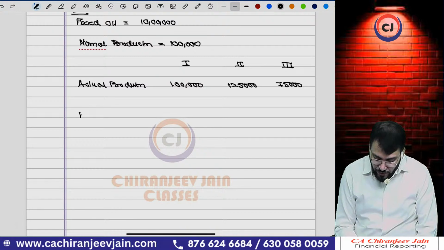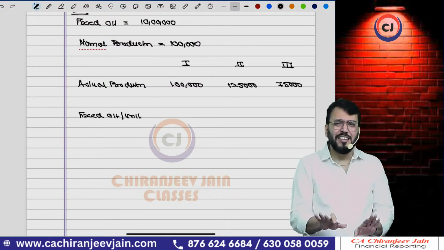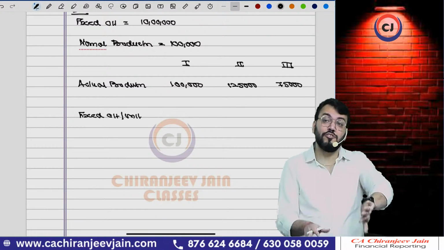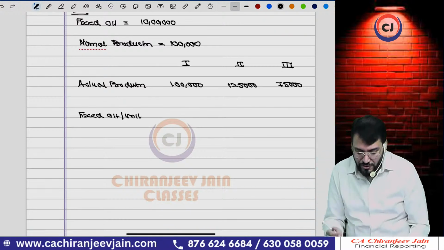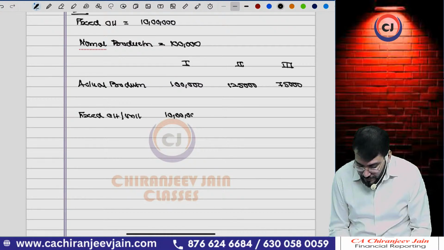So in this case, what will be the fixed overhead per unit? Can you say 1 lakh, 1 lakh? It is a rare situation: 1 lakh is normal, and actually also you are producing 1 lakh. But chalo, theek hai. So in this case, 10 lakh divided by 1 lakh. Understood.